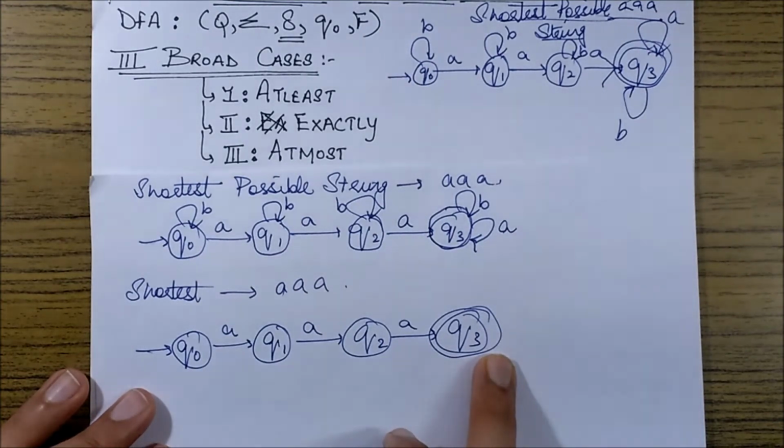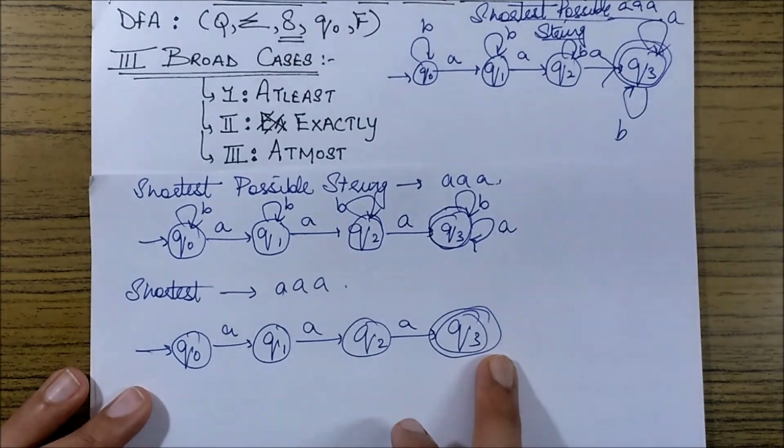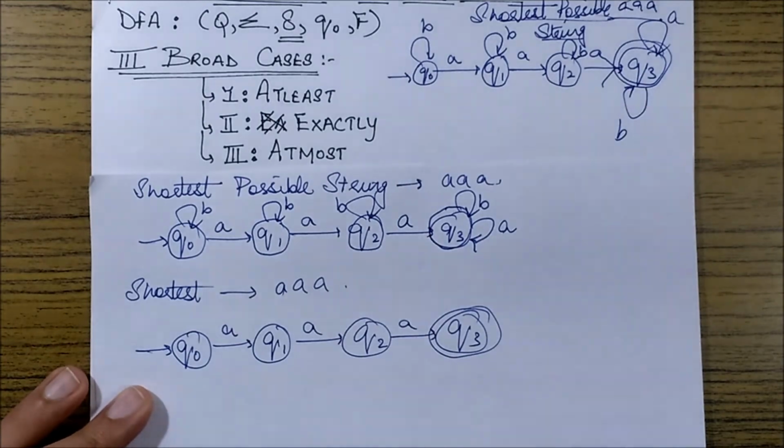After exactly, I need to see what exactly actually means. Exactly means that we'll be having only 3 A's in a string. That is, there cannot be more than 3 A's, and there cannot be fewer than 3 A's as well. So that means no more A's can occur. Now what does that mean?